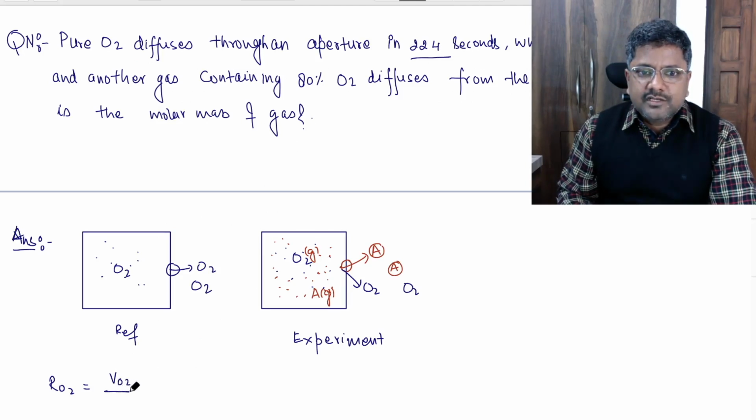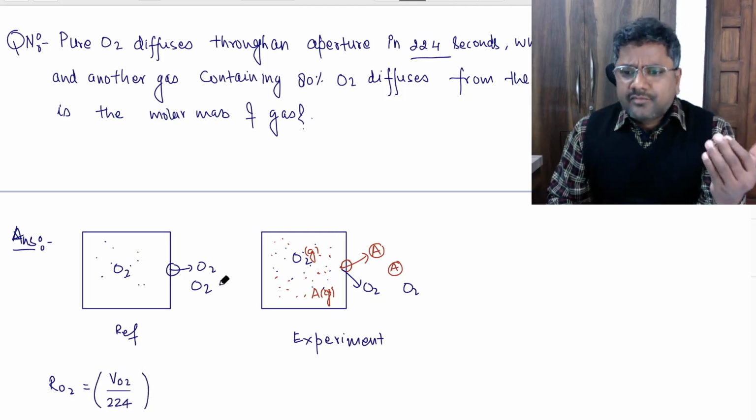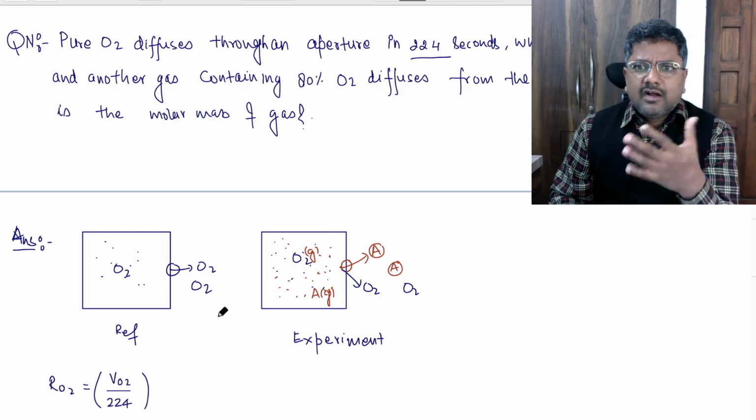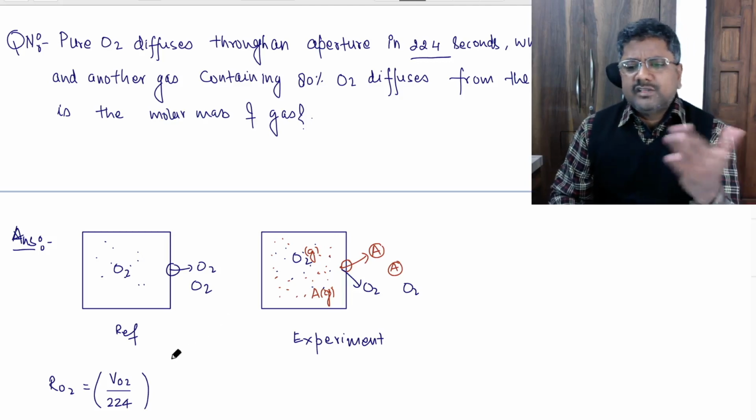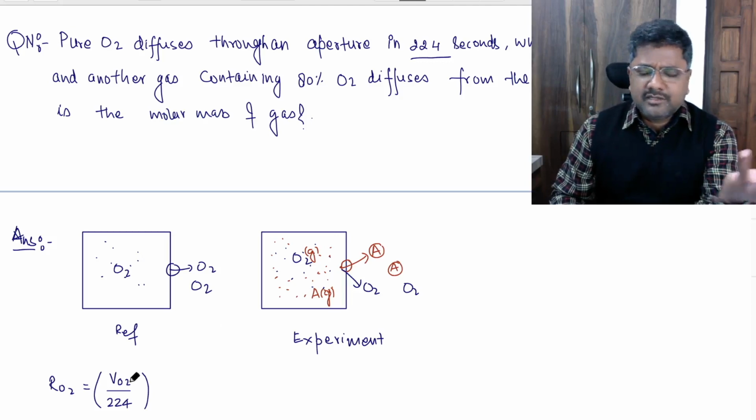So this is V by 224, or we can say moles of oxygen coming out or volume of oxygen coming out, because T and P are the same, so volume is directly proportional to moles, so hardly matters, you can take volume as well as mole.